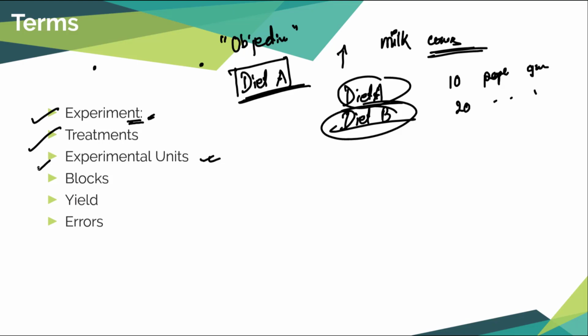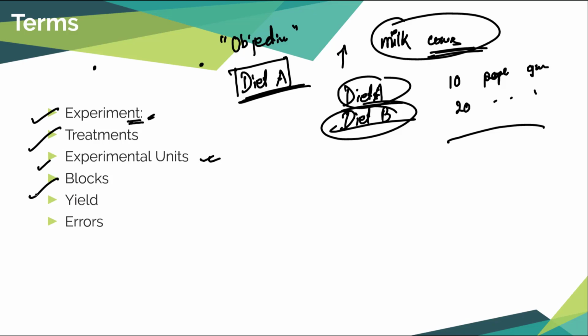So an experimental unit is basically the person or the item on which you are making the experiment, right? In our first example, we are making the experiment on cows, so every cow will be an experimental unit. In the next example, we are making an experiment on people visiting the gym, so those people will be our experimental units, right?